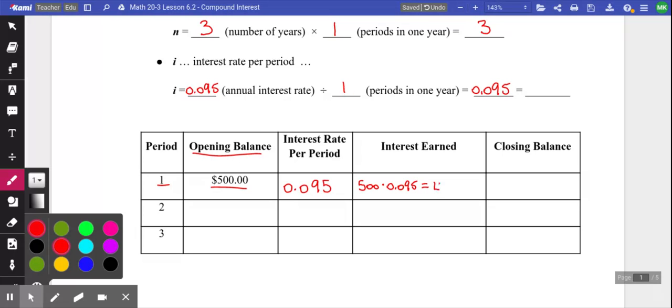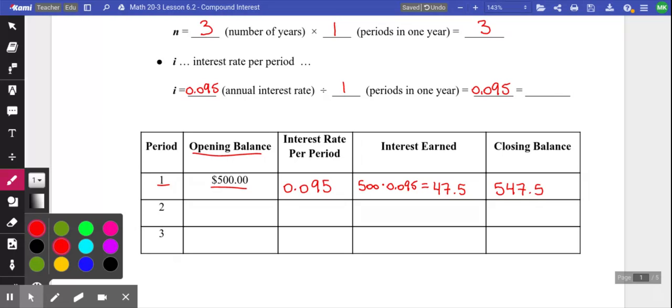You would owe $47.50, meaning that you now have in that account $547.50. The way I got that number was I took my opening balance and added my interest to see what my total was at the end of 1 year.